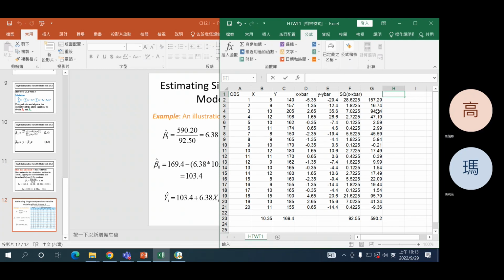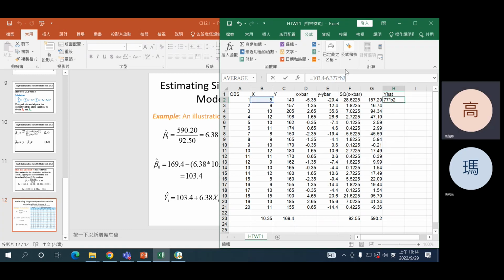How do I get this? It is equal to 103.4 minus 6.377, multiplied by the x, which is B2.